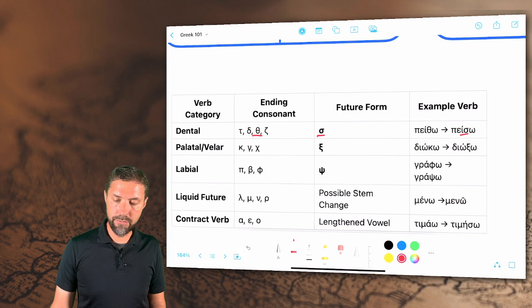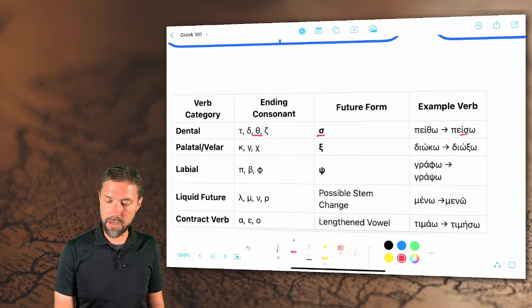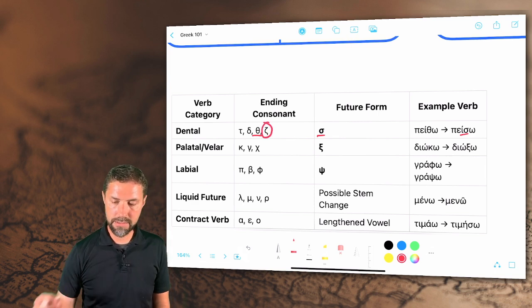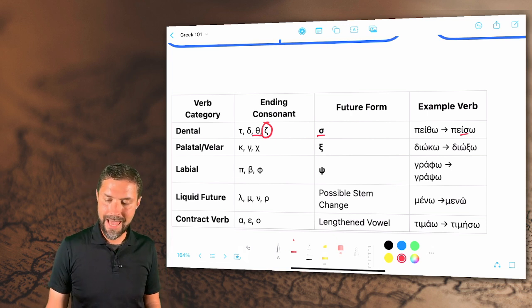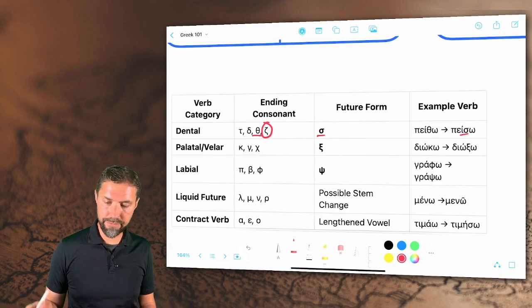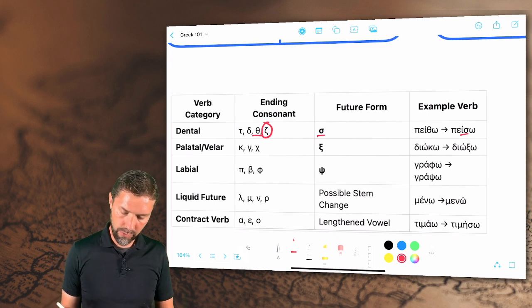If we do, let's say, doxazo, that's a zeta. That's going to be this consonant right here. Doxazo plus sigma is going to come out as edoxasa. I'm just going to drop off the zeta entirely. Or let's go with this verb. Let's do dioko.